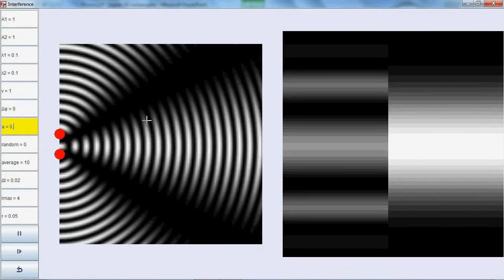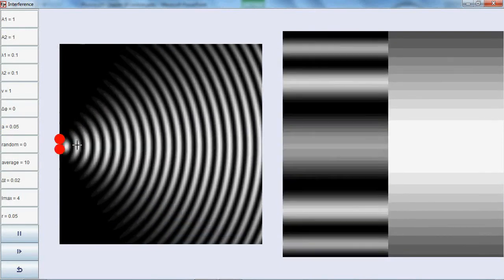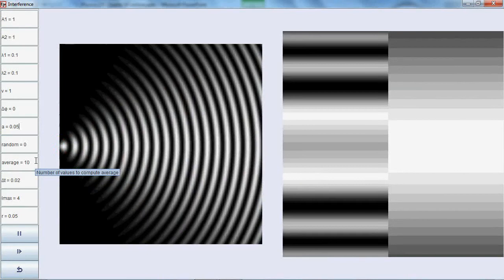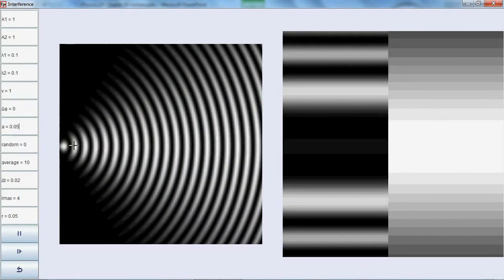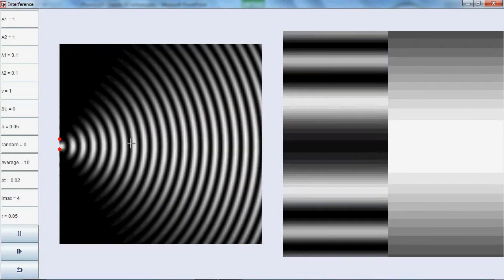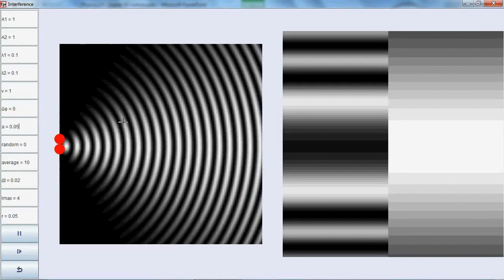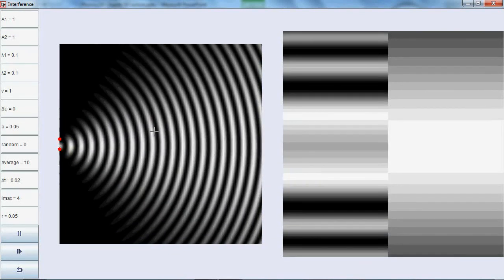And let me put it even closer. Now it just looks like one source when they're that close. So this is the idea of interference of two sources with the same frequency, providing you constructive and destructive interference. And this is what it would look like if you could see the waves moving in time.